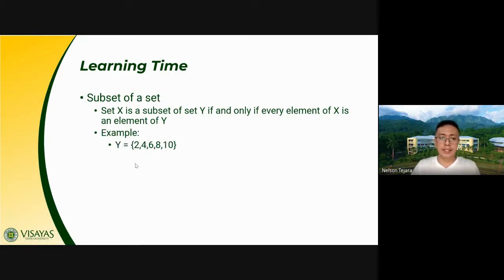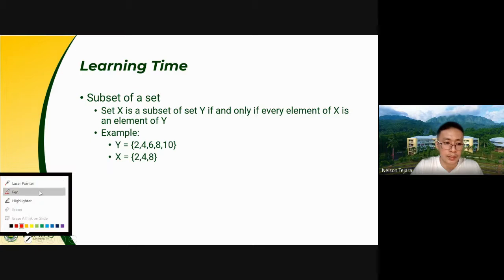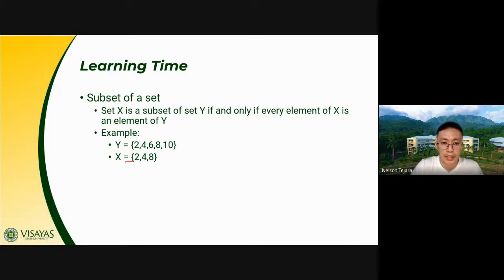If we have set Y, which contains elements 2, 4, 6, 8, and 10, and set X, which contains elements 2, 4, and 8, and I compare the elements of set X and set Y, we can check that all elements in set X can be found in set Y. Do you agree? Are there elements 2, 4, and 8 in our set Y?